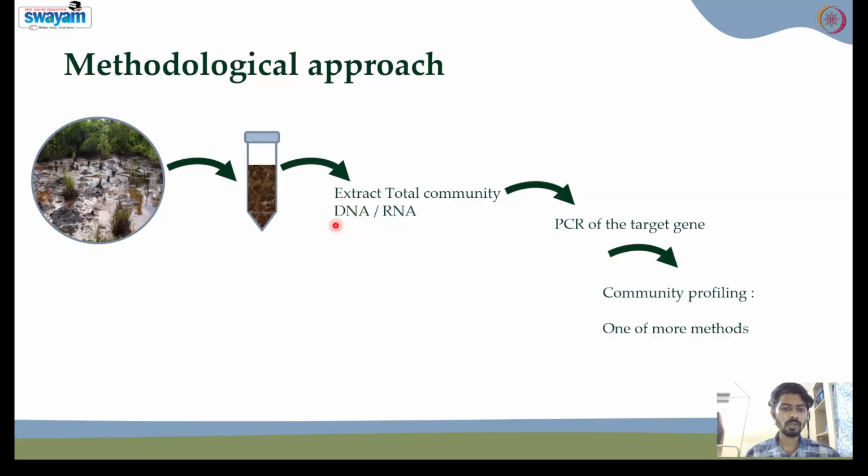After successful extraction of total DNA or RNA, your next step is to amplify this DNA using an appropriate PCR technique. And we all know that PCR is nothing but polymerase chain reaction. This helps us to amplify the gene sequence that is available in the total DNA. Once you have amplified, your next step is to go for community profiling to know what microorganisms are present in the environment, or to know the abundance or prevalence of microorganisms.